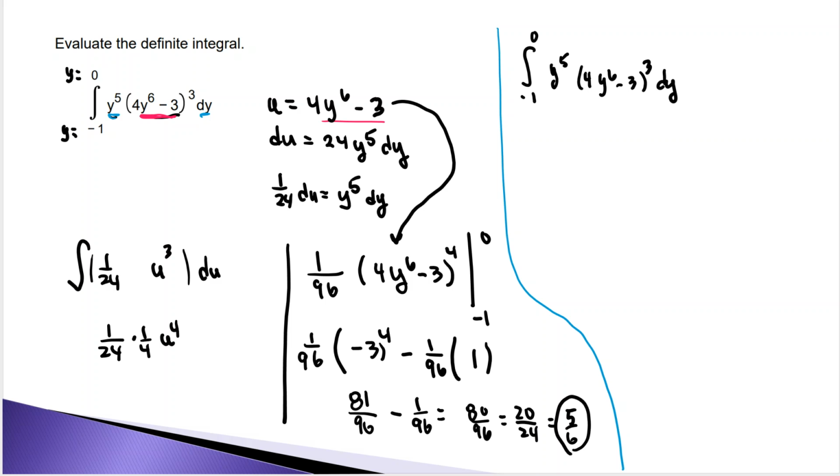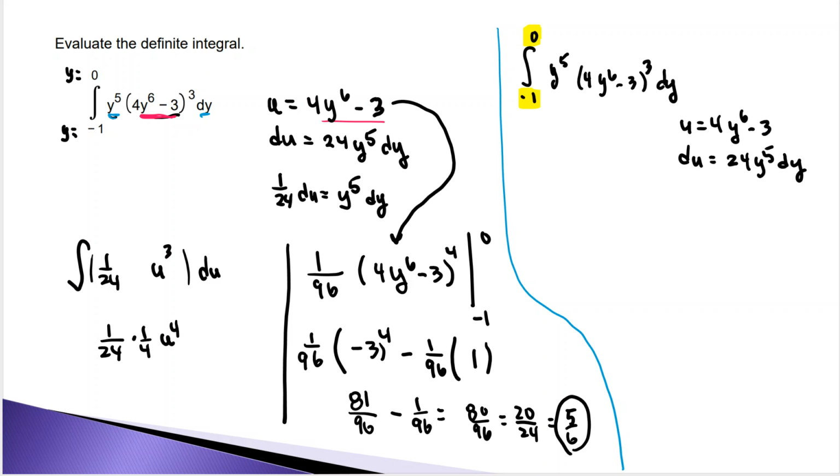I do the same substitution. U equals 4y^6 minus 3. Du is 24y^5 dy. But now I go one step farther.